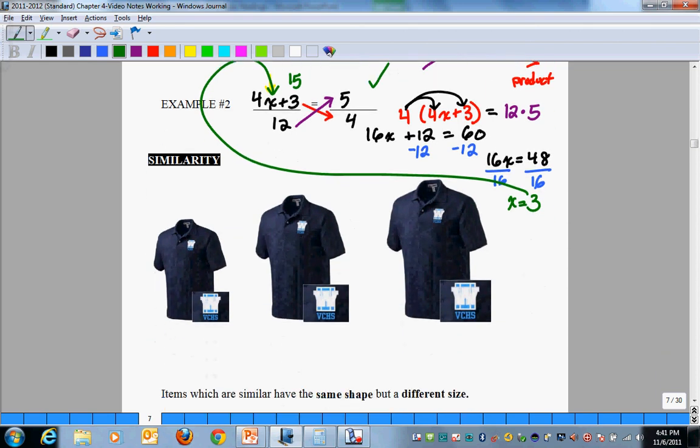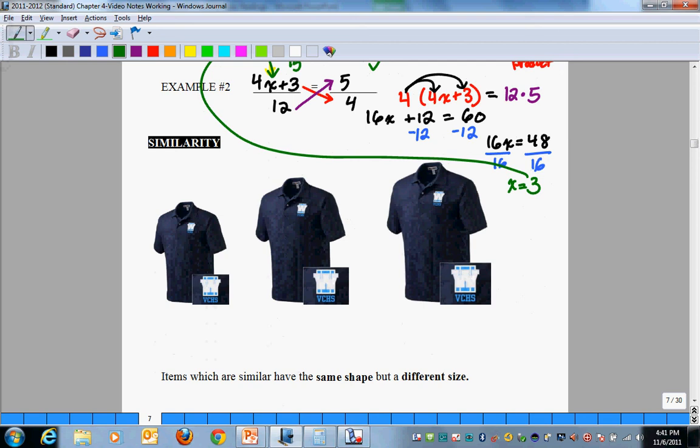I'm going to talk about similarity. The basic definition of similarity is items which have the same shape but a different size. The most common example of similarity is when you're clothes shopping and you have a small, medium, and large of the same clothing item.